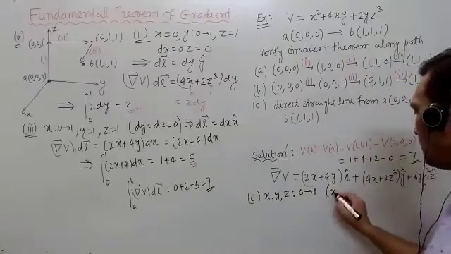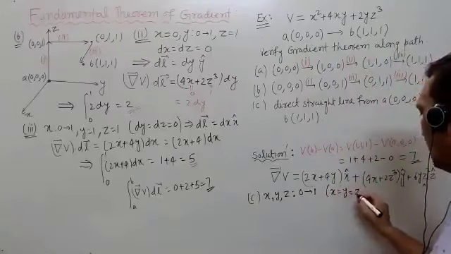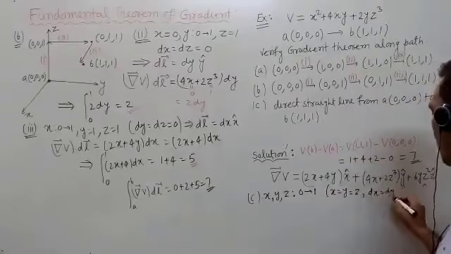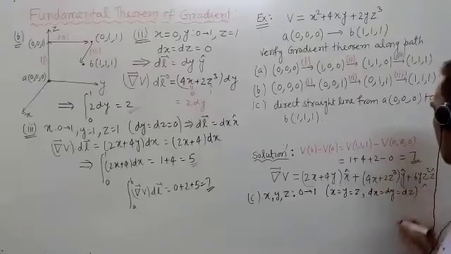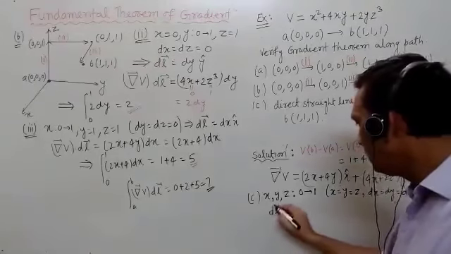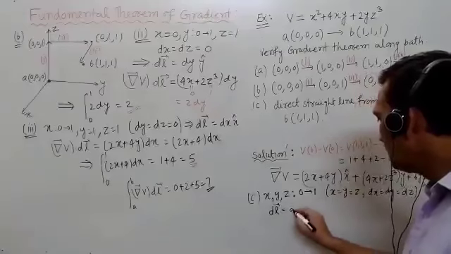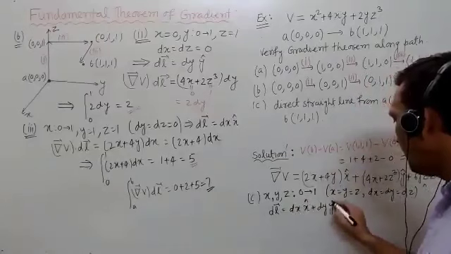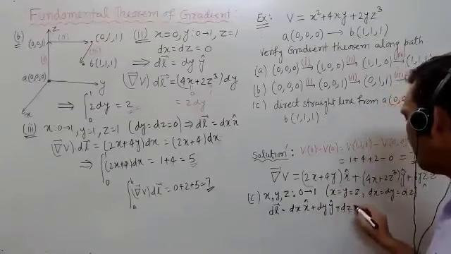So it means we can take x equal to y equal to z, and then dx is equal to dy is equal to dz. So the dl vector we can write as dx x cap, dy y cap, dz z cap.